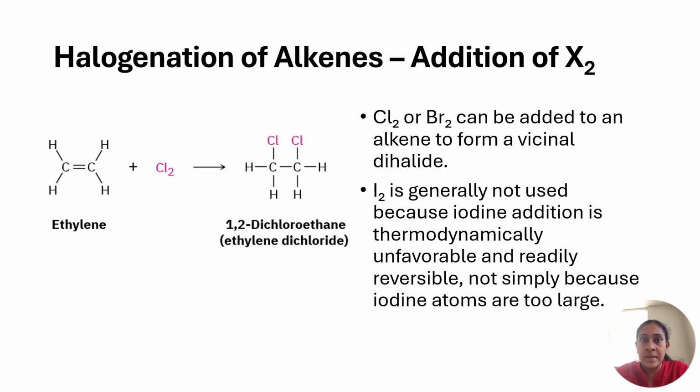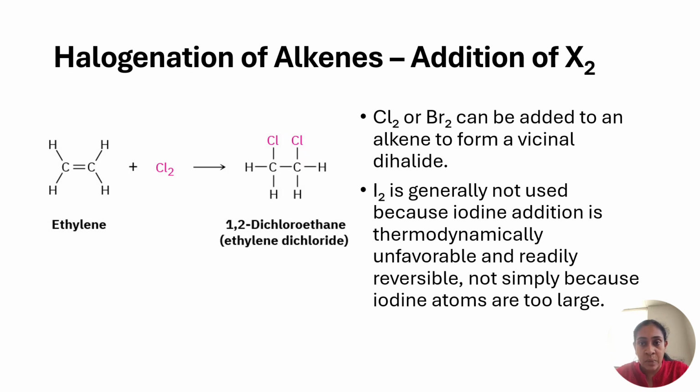Let's begin with the general halogenation reaction. An alkene reacts with chlorine or bromine, and one halogen atom is added to each of the two carbons that originally formed the double bond. The product is therefore a vicinal dihalide, meaning the two halogens are on neighboring carbons. In the example shown here, ethylene reacts with chlorine to form 1,2-dichloroethane.